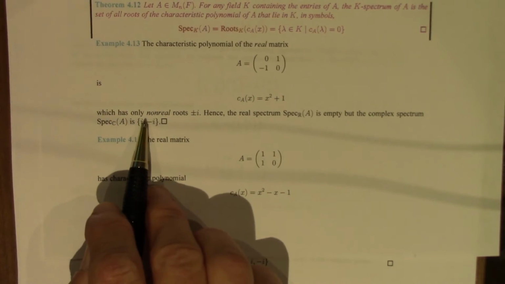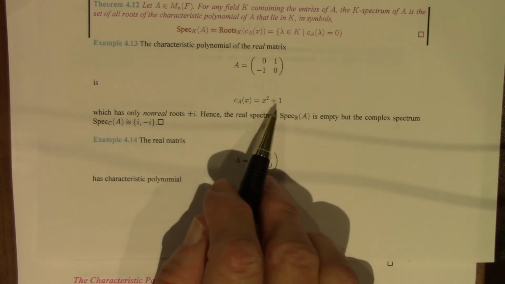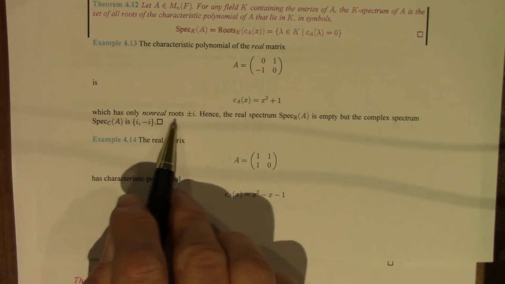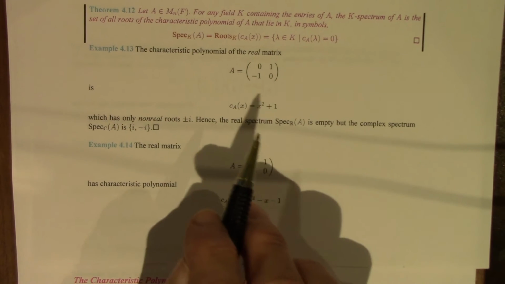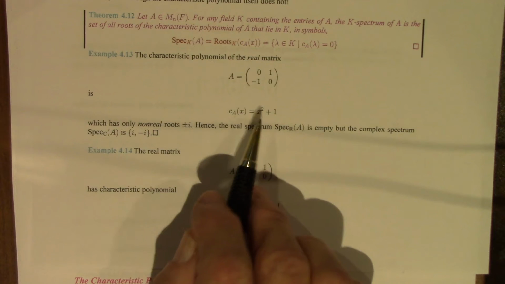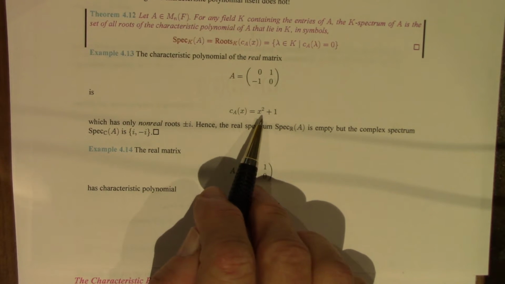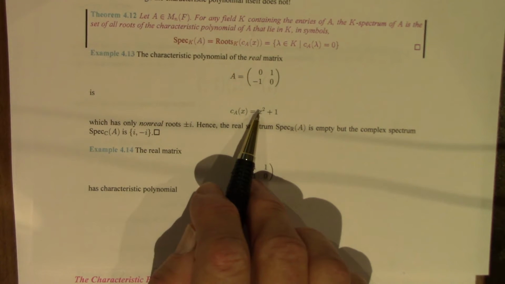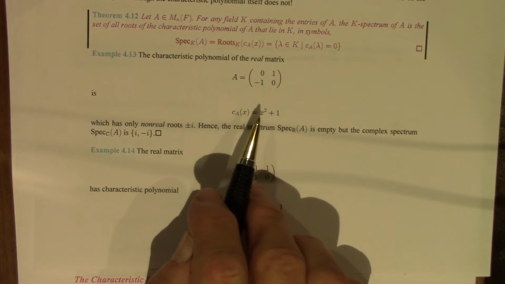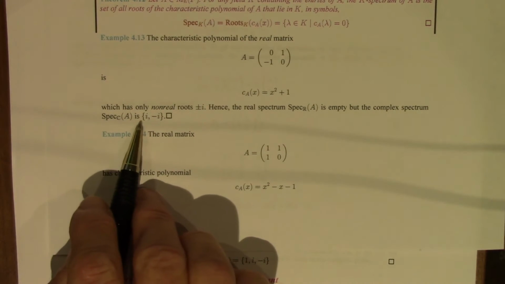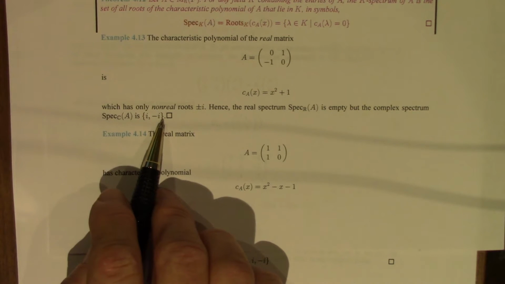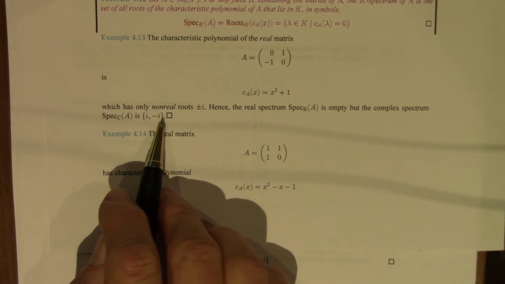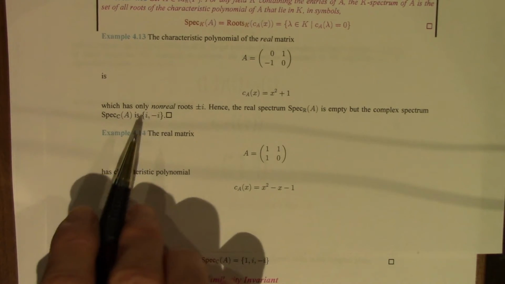As a real matrix, this has no roots because its only roots are the two non-real roots. So the real spectrum of A is empty, but the complex spectrum consists of these two eigenvalues. The rational spectrum is empty as well.